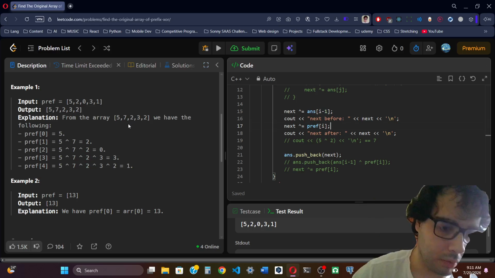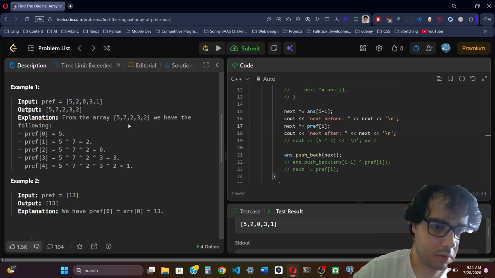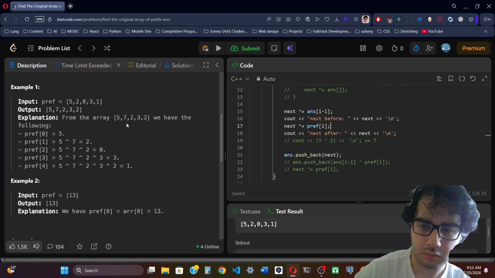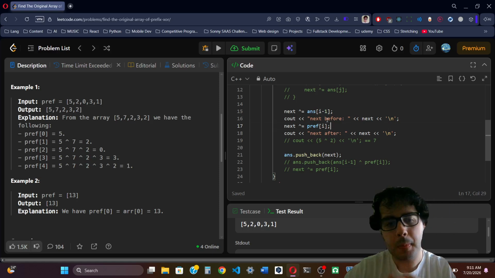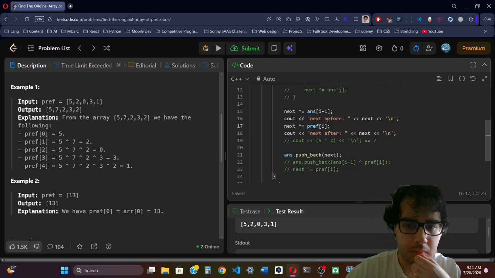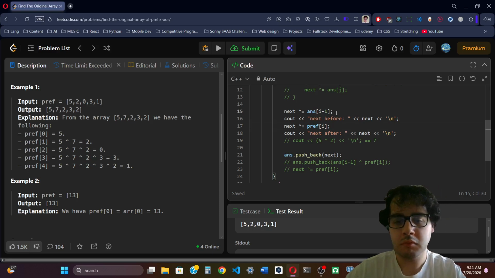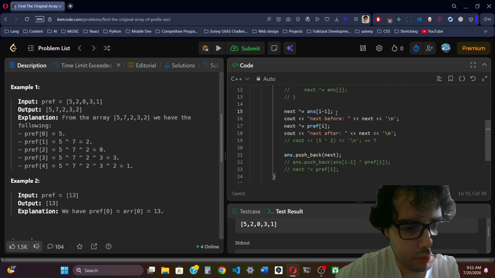But then we're actually doing 7 XOR 2. So 5 XOR 2, then the last one XOR this one.